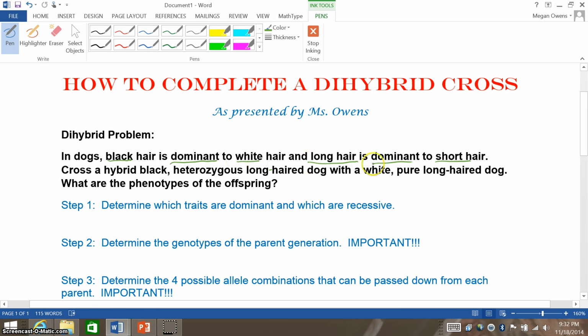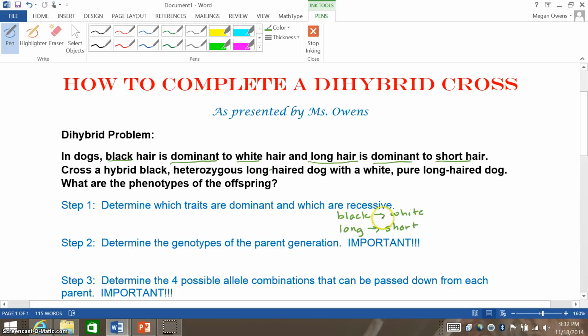So I would jot down black over white, so I remember black is dominant to white, and then long hair over short hair, because long hair is dominant to short.